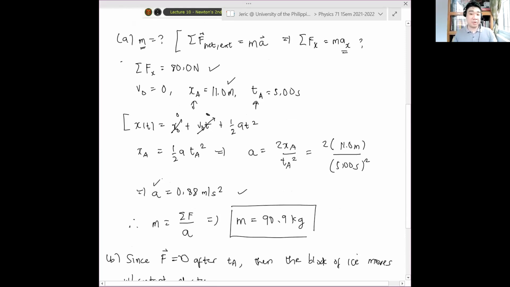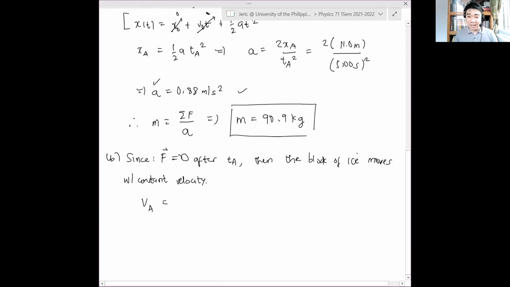We know our acceleration, therefore we can use VA equals V naught plus A TA. I use the velocity time equation because I know my acceleration already, which is 0.88 meters per second squared multiplied by 5 seconds, and we get something like 4.4 meters per second. And that velocity is also the velocity for the next 5 seconds.